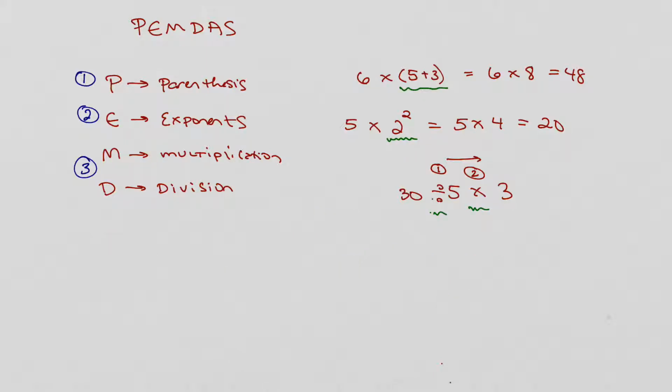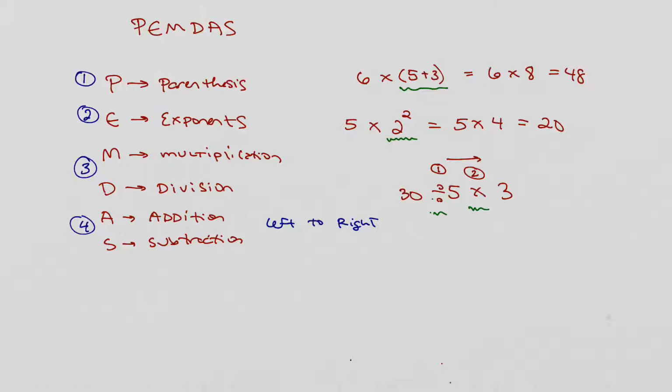All right, and the A and the S stand for addition and subtraction. And addition and subtraction, kind of like multiplication and division, have the same level of difficulty, so we will look at these things going left to right as well.